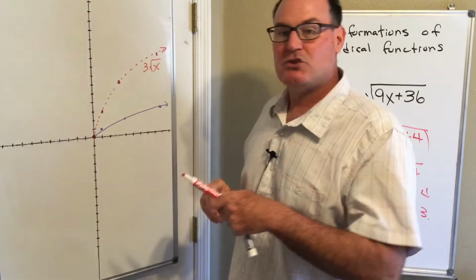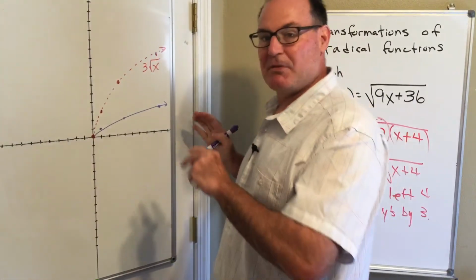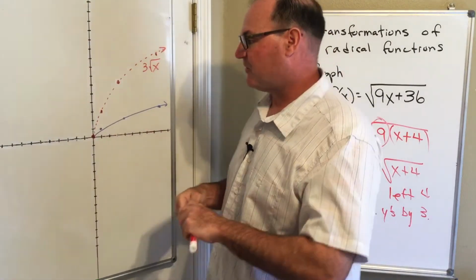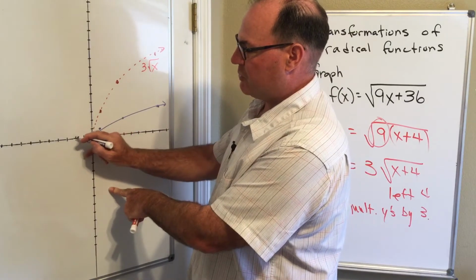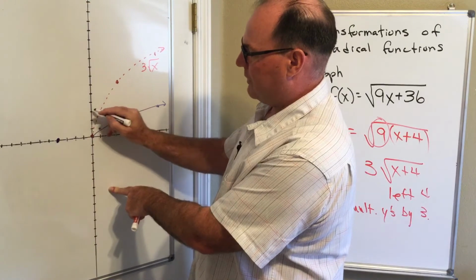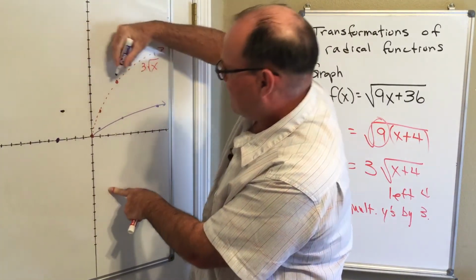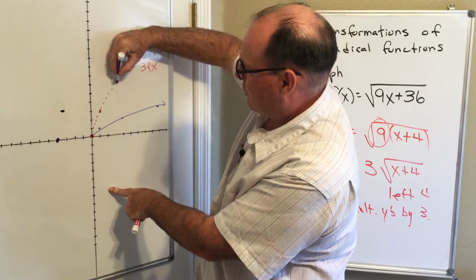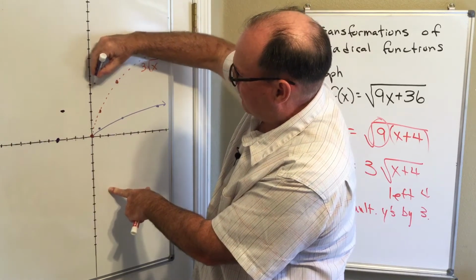And now what I'm going to do is take that whole graph, just like we saw on our transformation, and move the whole thing to the left 4 units. So here we go. This is at 0, so 1, 2, 3, 4, make a dot. This is at 1, so when I move 1, 2, 3, 4, I'm going to make a dot right here. This is at 4, so when I move left 4, it's going to go 1, 2, 3, 4 to right here.